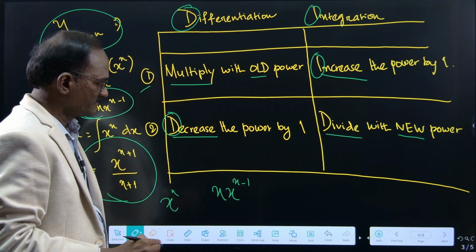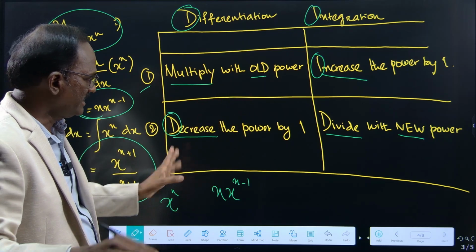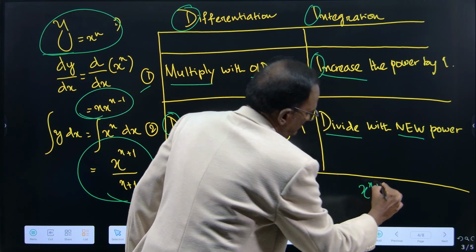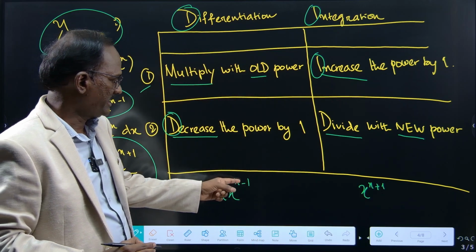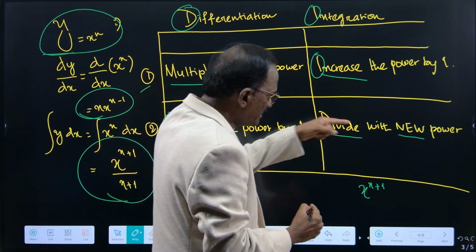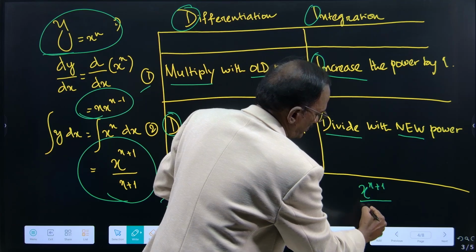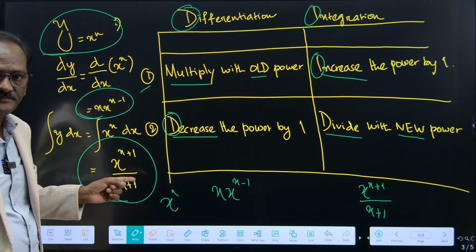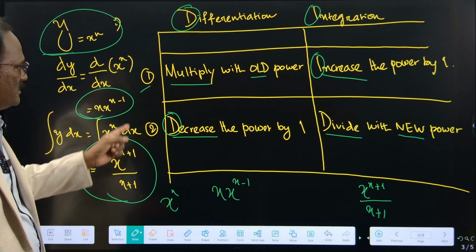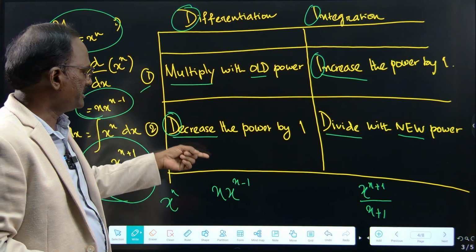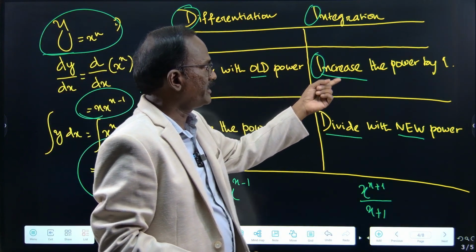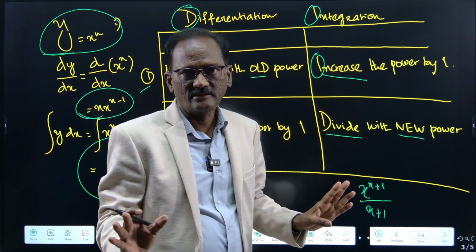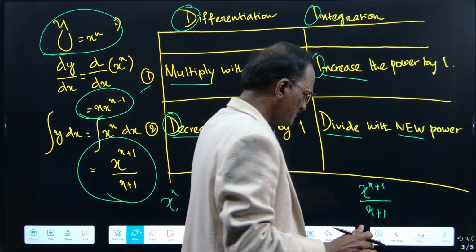Yes, over. Here, increase the power by 1. First you increase the power by 1. Here n minus 1, here it is n plus 1. Then divide with the new power. New power is n plus 1. Yes, over. This is the formula for integration. So multiply with old power, then decrease the power by 1. For integration, increase the power by 1 and then divide with the new power. That's all. This is one polynomial function.